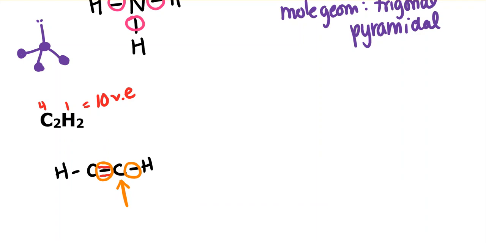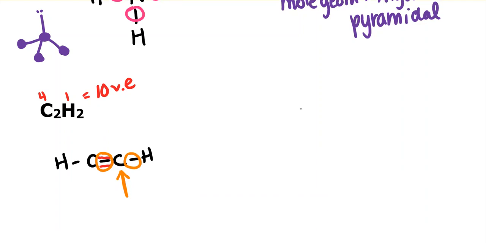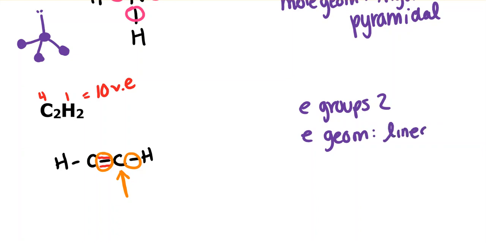It has 2 electron groups. The electron geometry is linear. Those 2 groups are on opposite sides. And then the molecular geometry is also linear.